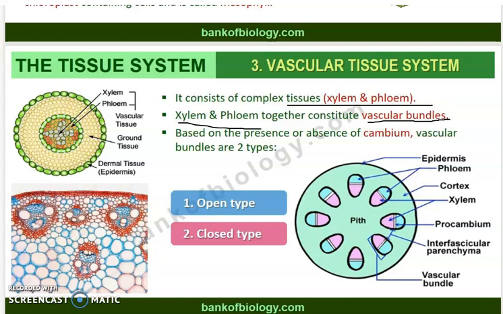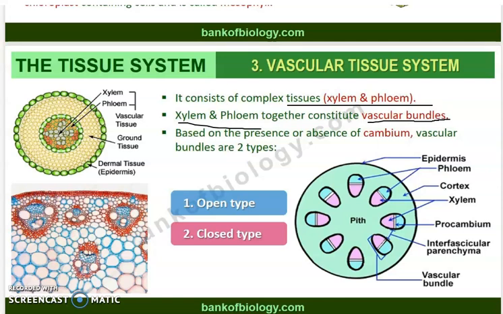The primary meristems are the apical and intercalary meristem, and the secondary or lateral meristem will form later than the primary meristem. And we saw the examples of this secondary meristem: fascicular vascular cambium, interfascicular cambium and the cork cambium.